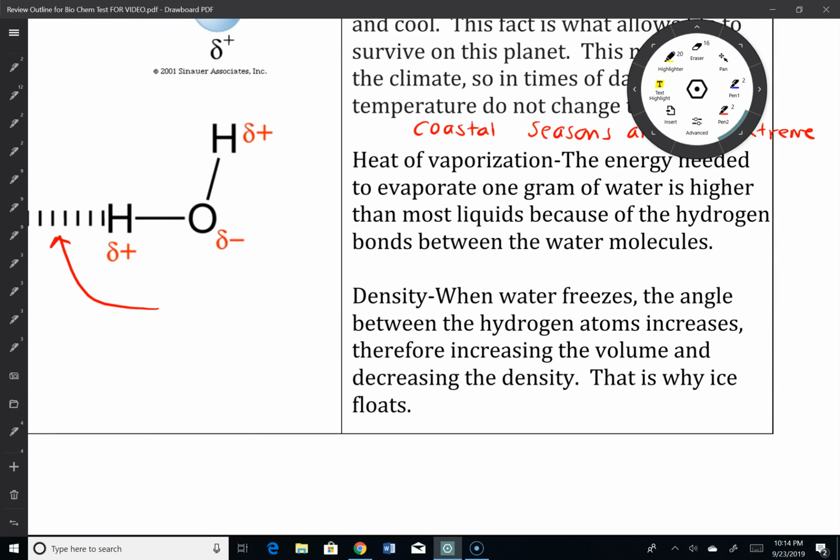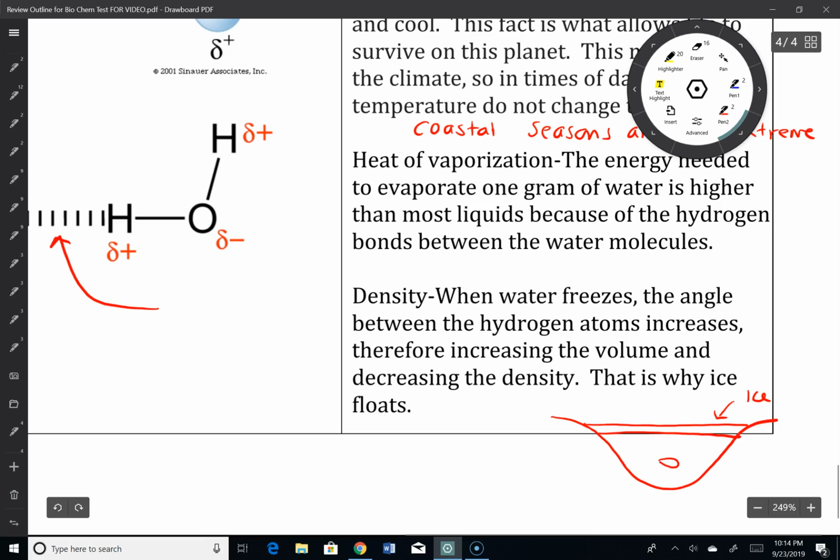And ice floats. Because it floats, that means that the organisms at the bottom of the lake, say that's your ice right there, the ice floats, so that keeps the bottom liquid, so little fishies can swim around, assuming they're not frozen, dead. They can swim around without being frozen solid like Austin Powers. And believe it or not, it kind of keeps the really cold out.